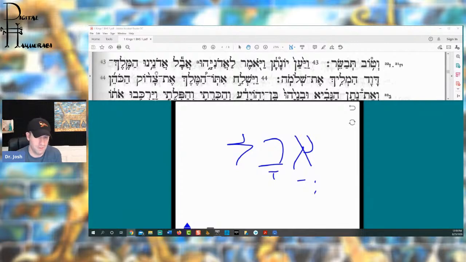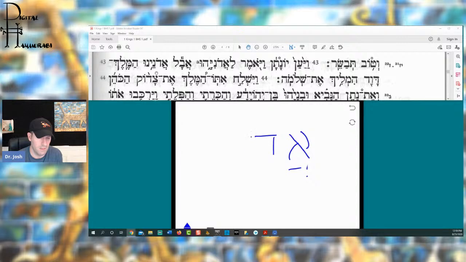Adonenu. So Adon, actually I can never remember what that vowel is. I think it's just a straight qamets, but anyway, Adon. So then here, the accent shifts to here, which would cause a vowel reduction here.